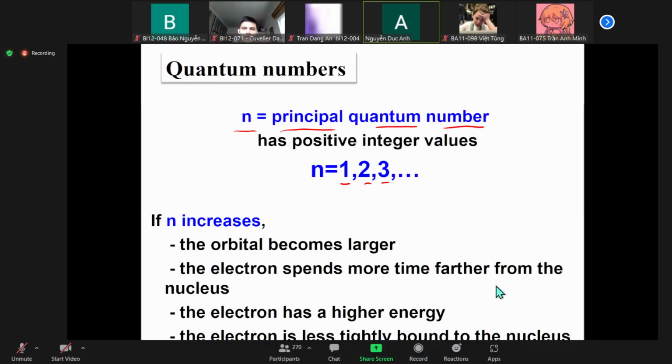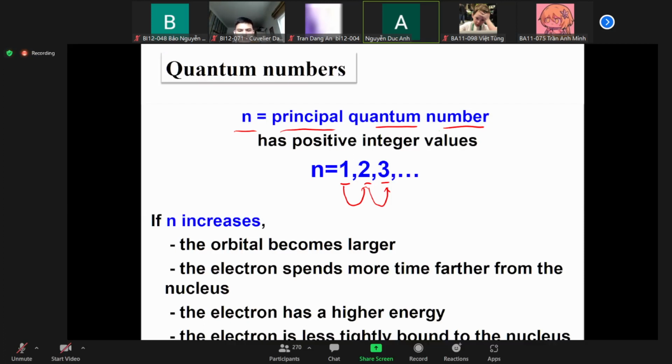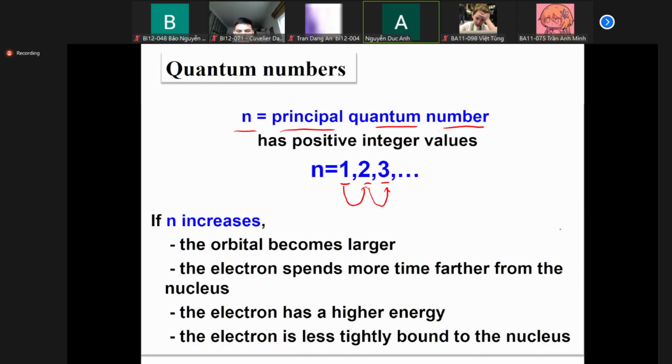So when you move from 1 to 2, 2 to 3, it means that if you increase the number n, the principal quantum number, as we see, n equal to 1 is the lowest position, and then n equal to 2, 3, 4, something like that. When you move from lower values of n to higher values of n, you have a higher energy state, right?